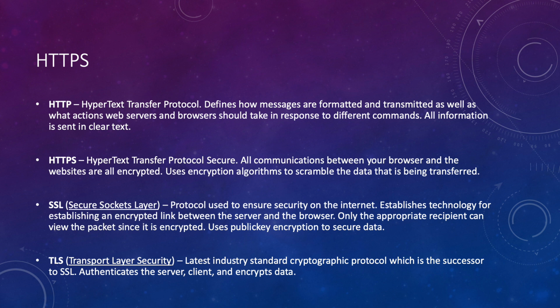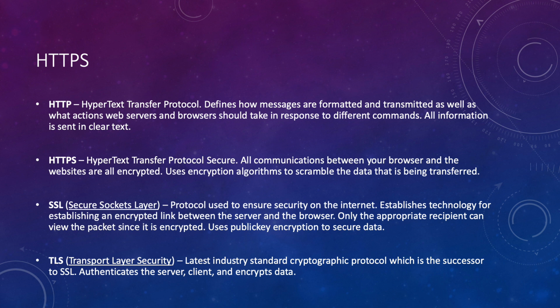HTTPS uses one of two protocols. The first one is Secure Sockets Layer, and this protocol is used to ensure security on the internet. This establishes technology for an encrypted link between the server and the browser.